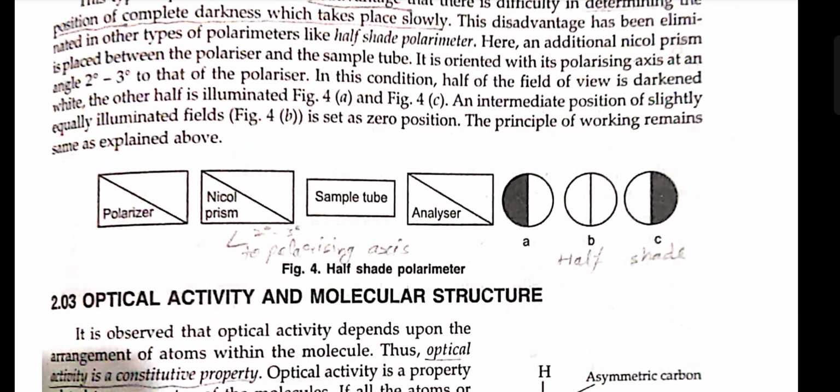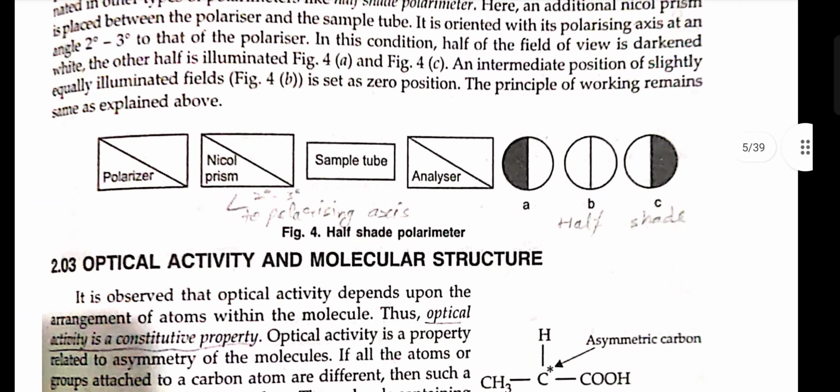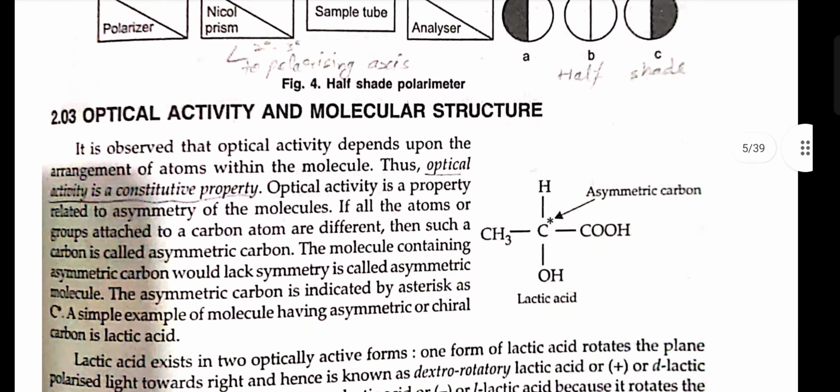The sample is placed in the sample tube, light comes from the polarizer, passes through the sample tube and then the analyzer, and by rotating it to observe a complete dark phase, the angle is measured.